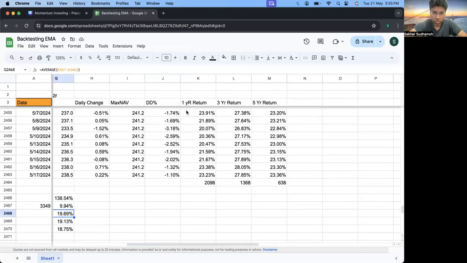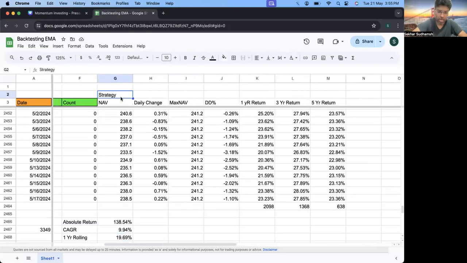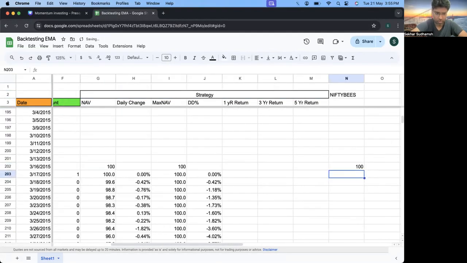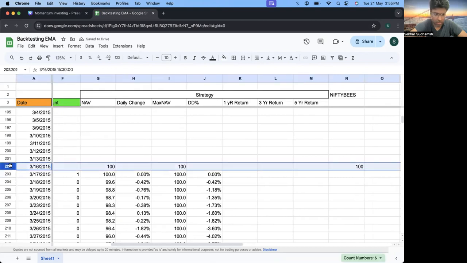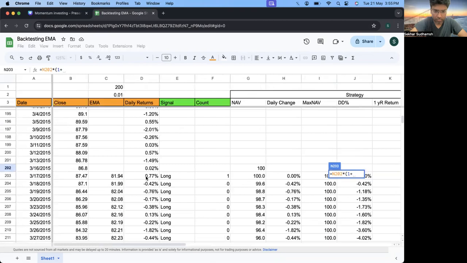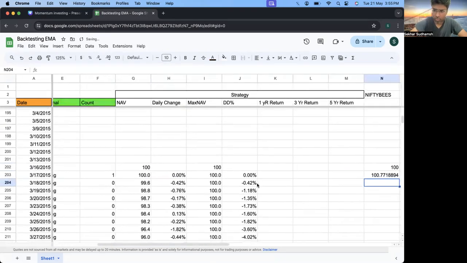Now, let me quickly do the same calculations for the benchmark. If you were to buy and hold NIFTYBEES on the same day as we started our strategy, it would simply be equal to 100 multiplied by the next day's returns. We don't have to apply any calculations further.